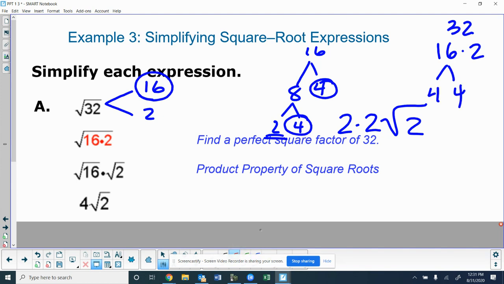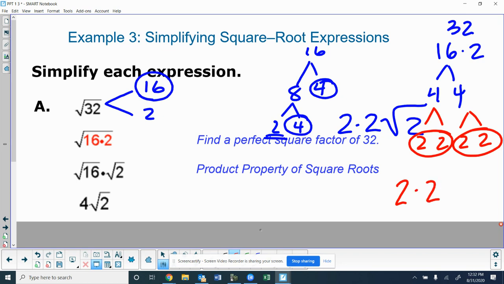Let's change the color. And then you were taught, when you see a pair of the same number, to circle them. Anybody learn that way? Okay, that's fine. All right. So for this pair of 2s, what do you pull out? The 2. For that pair of 2s, what do you pull out? Another 2. And then what was left?